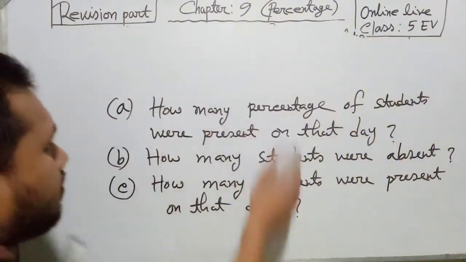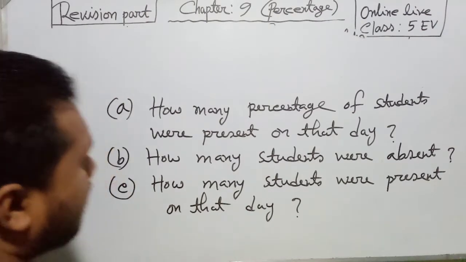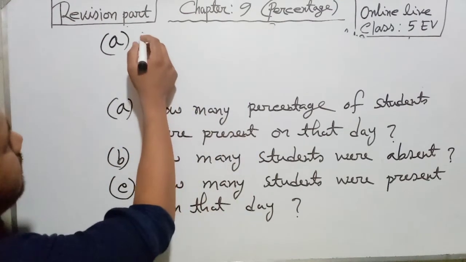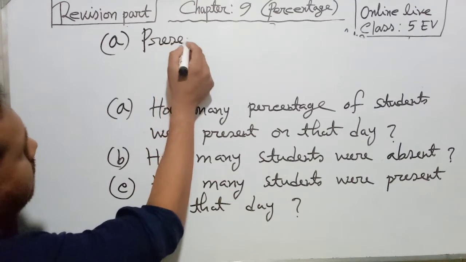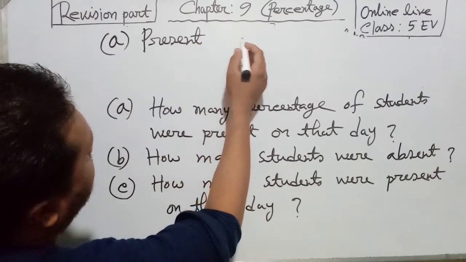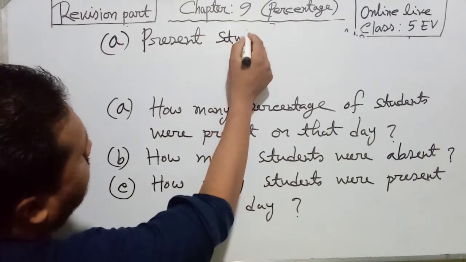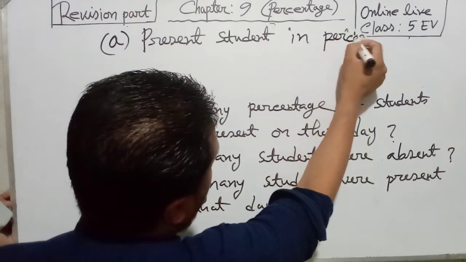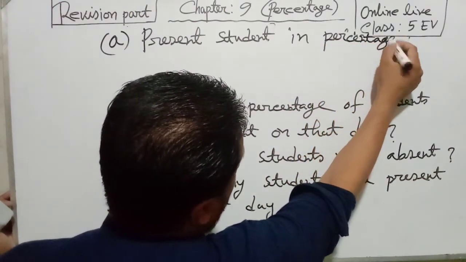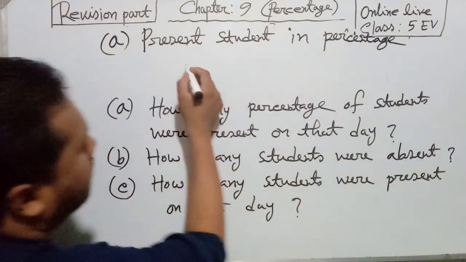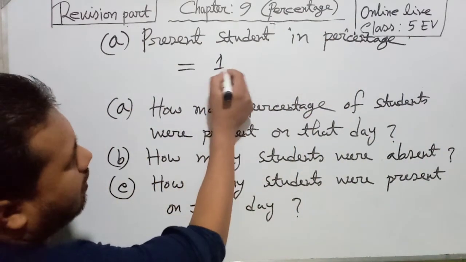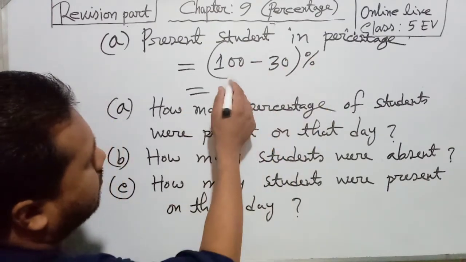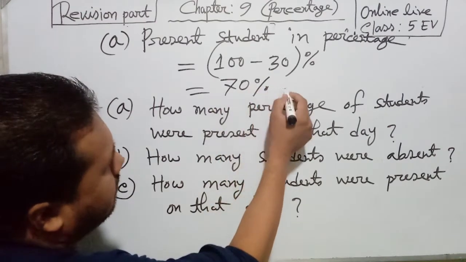Dear students, percentage means out of 100. According to 100 we have to convert. So a number, present students in percentage equals 100 minus 30%.